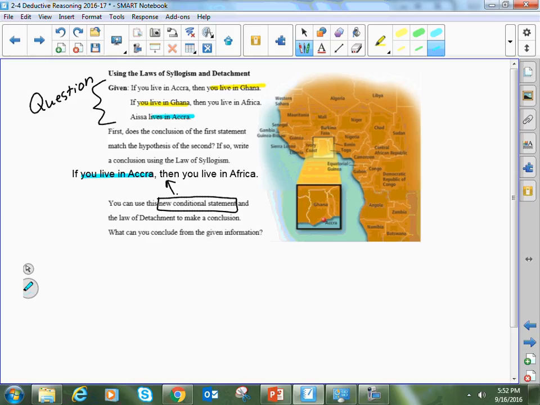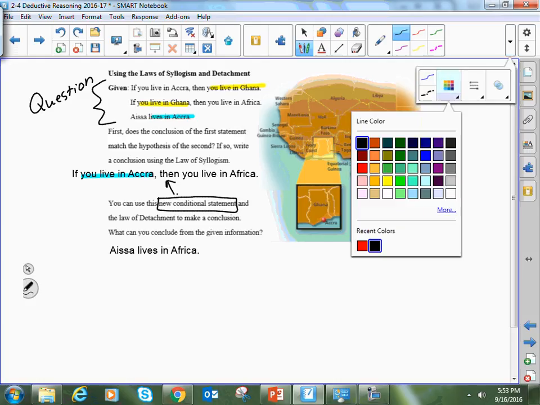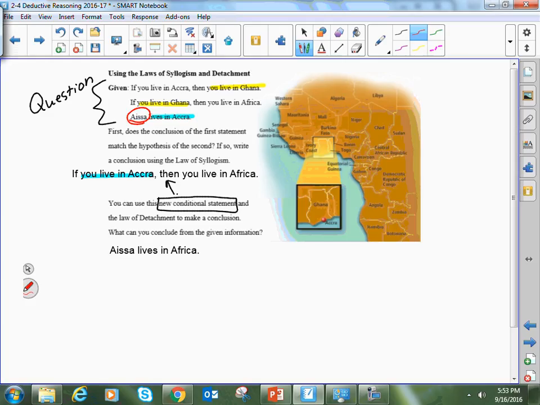So because those two match, we can now draw a conclusion based on the law of detachment that says Aisa must live in Africa. So essentially, I'm going to take the fact that Aisa, and combine it with the conclusion here, living in Africa. And that's how I write my conclusion using the law of detachment.